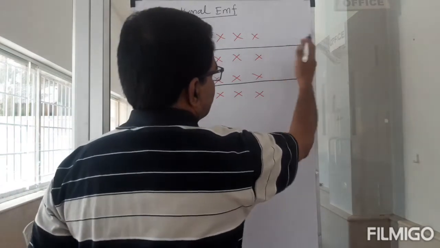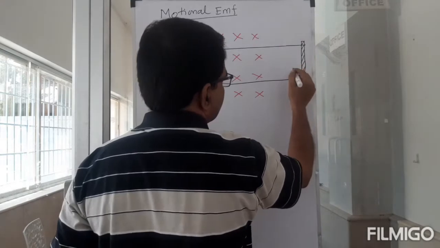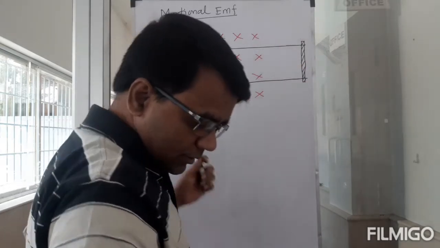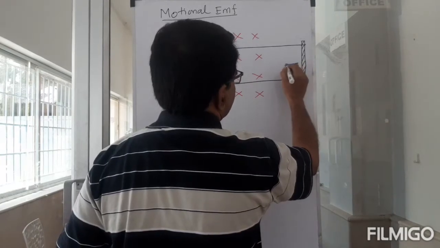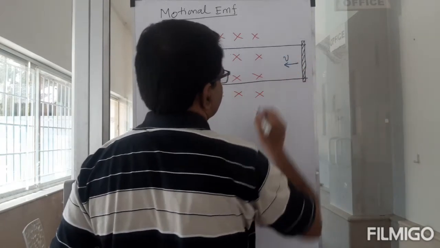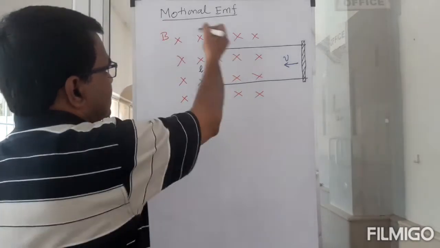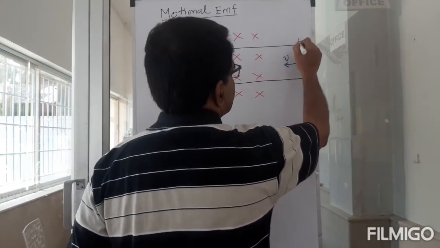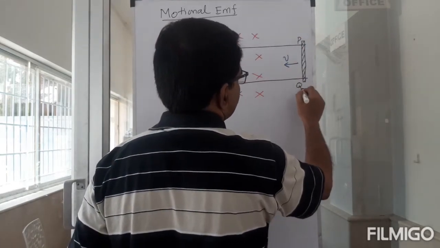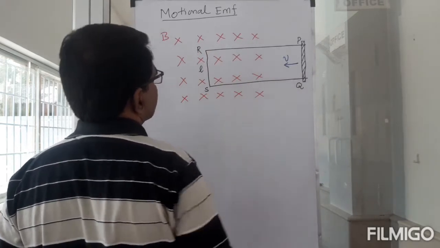Since this rod can slide on these rails, I'm going to move this rod into the field with velocity v. I can even name the ends of this loop. I'll call this P, this Q, this R, and this S.